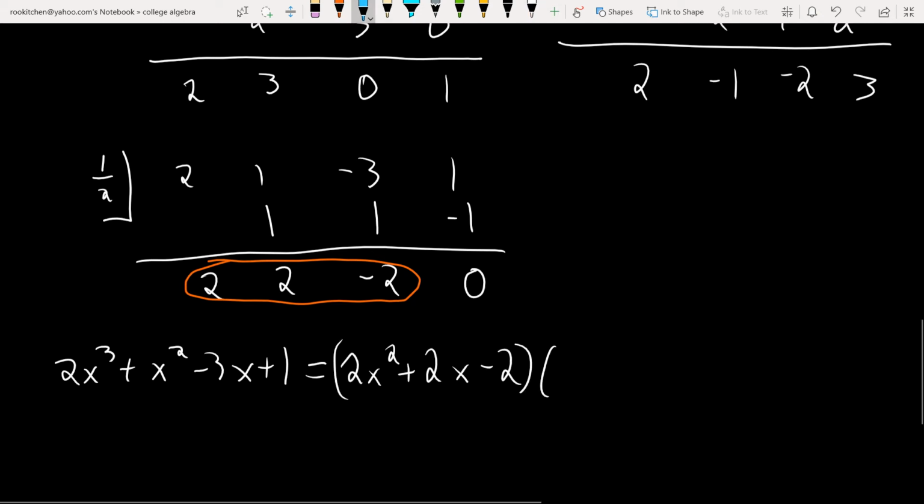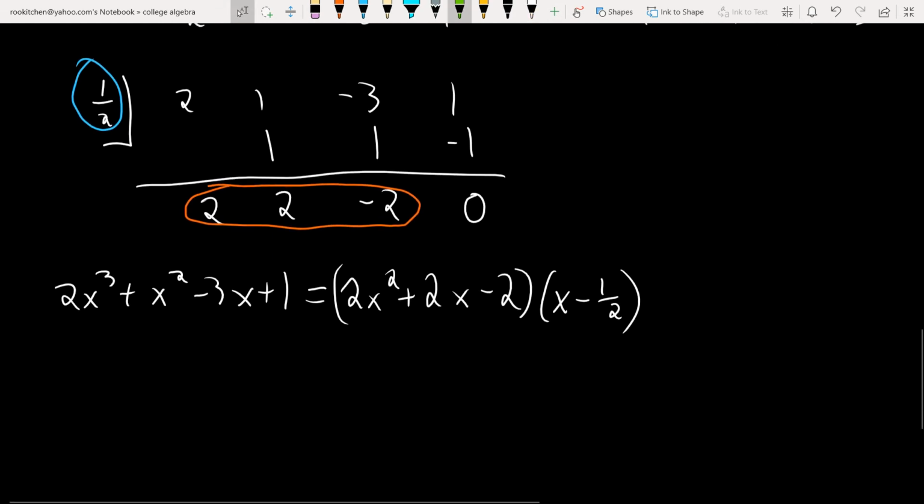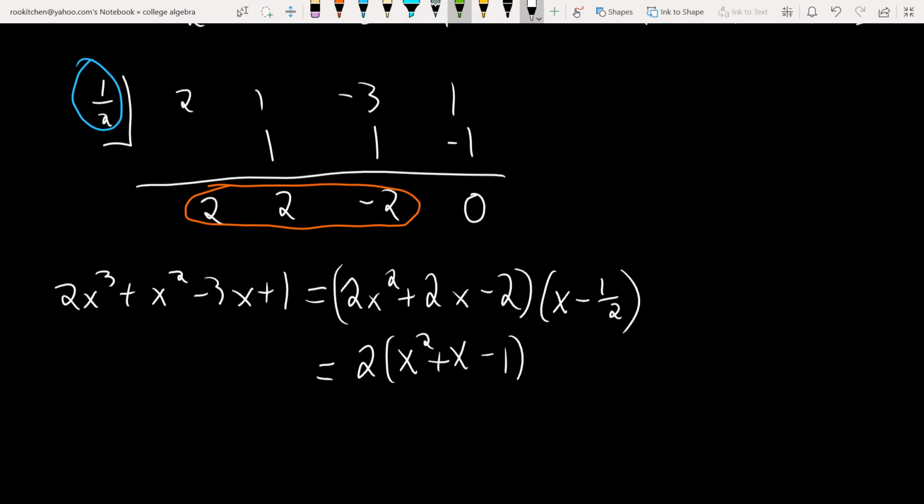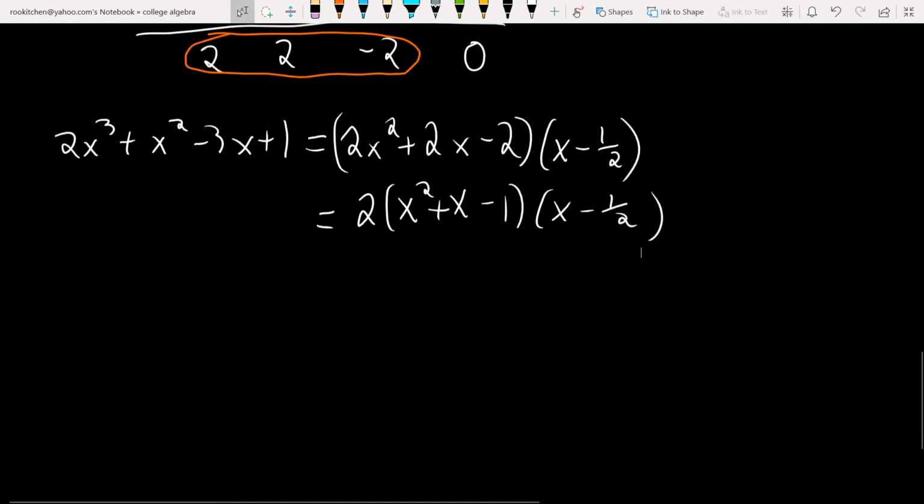And then from the 0, 1/2, you just go x minus whatever that thing is in blue I circled, right? So x minus 1/2. Okay, and then I try to continue factoring. I can factor a 2 out of that first trinomial, and I'll have x squared plus x minus 1 times x minus 1/2.